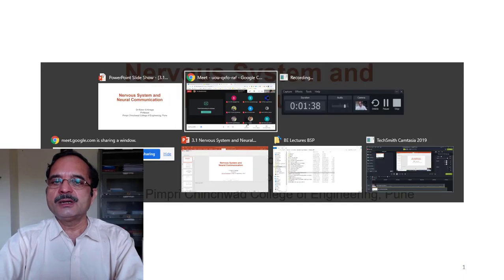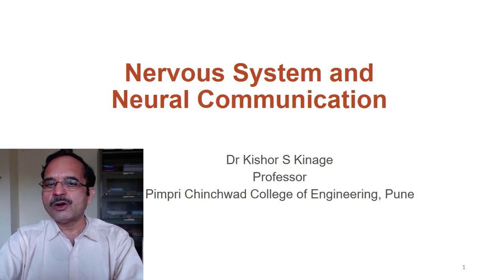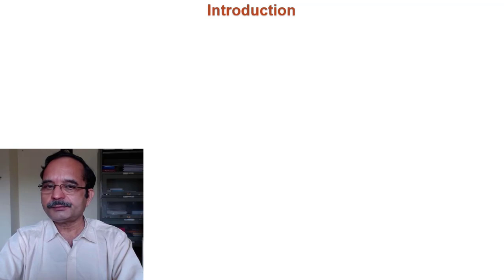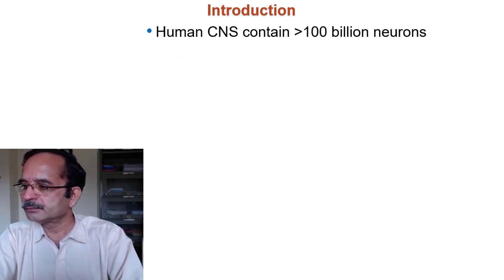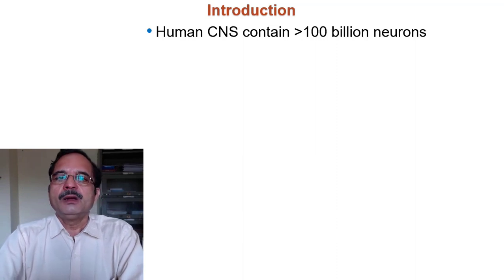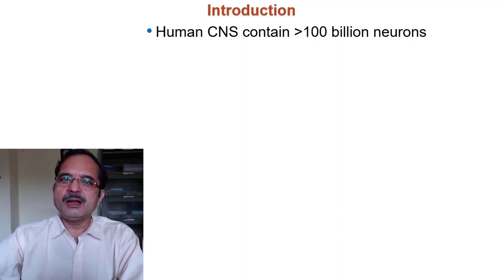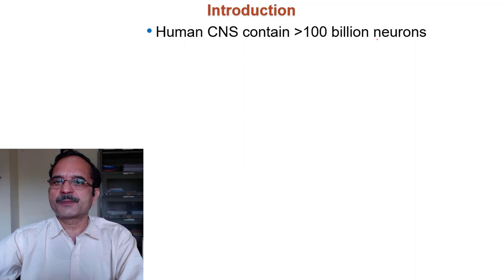So first, today we'll start with the beginning of the nervous system. What do you mean by nervous system? The introduction of the nervous system. So the human central nervous system, actually the basic building block of this nervous system is the neurons. These are the cells.